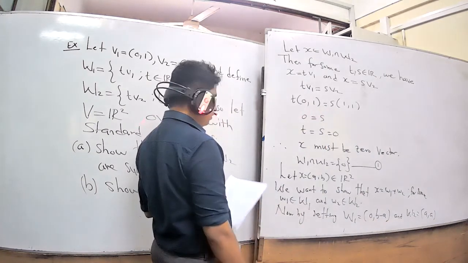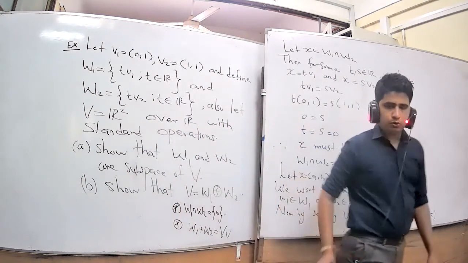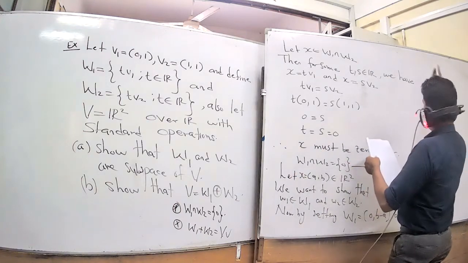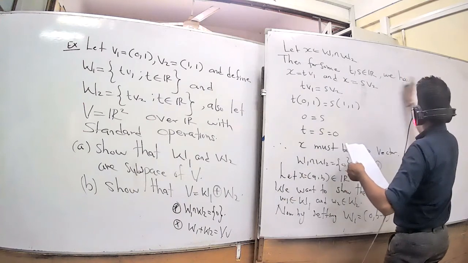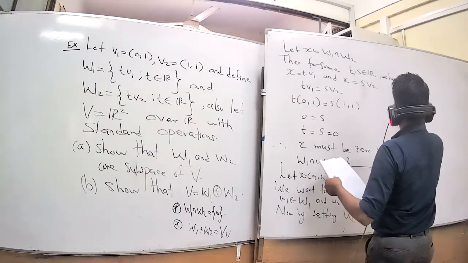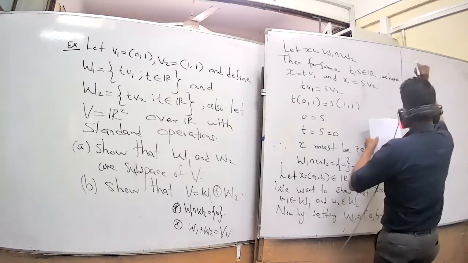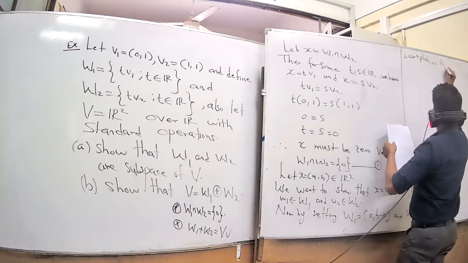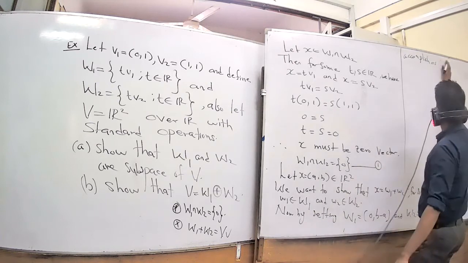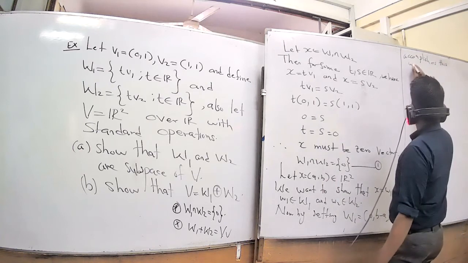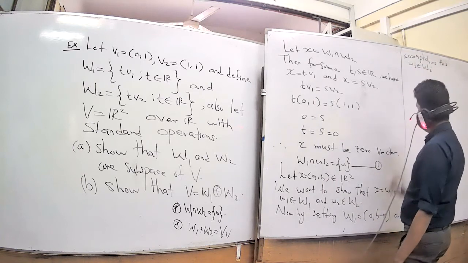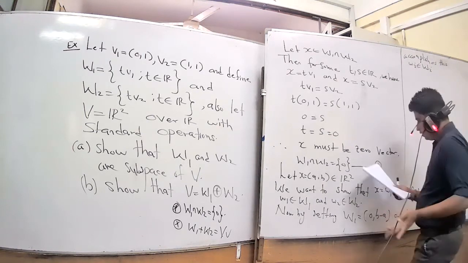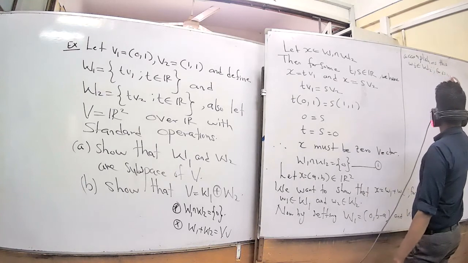This accomplishes the condition that wi belongs to capital Wi, for w1 belonging to capital W1 and w2 belonging to capital W2, for i equals 1, 2.